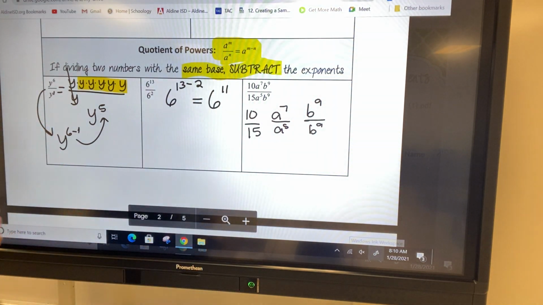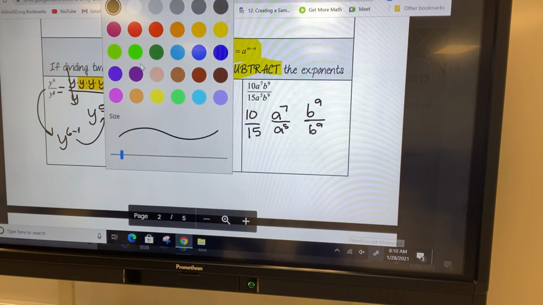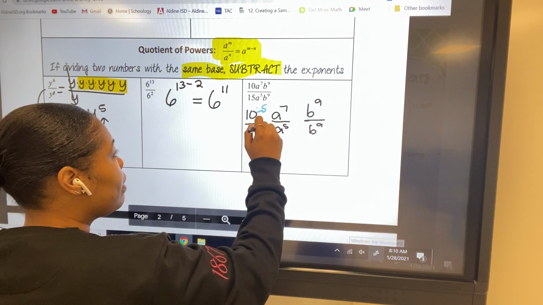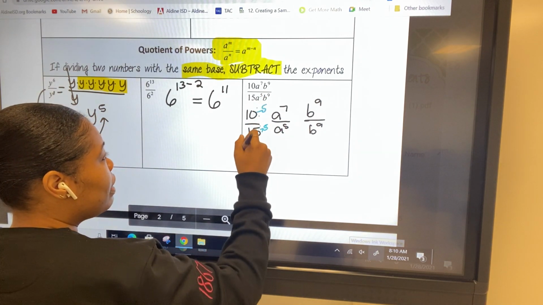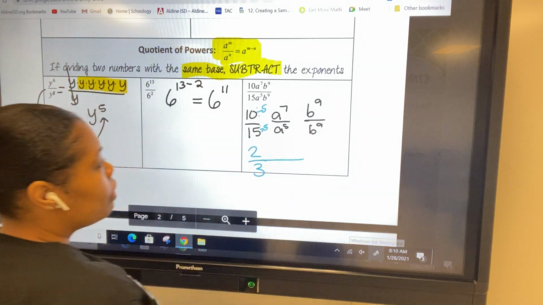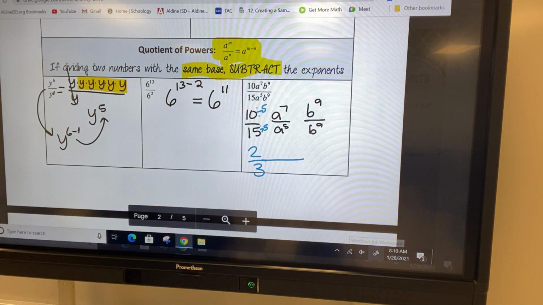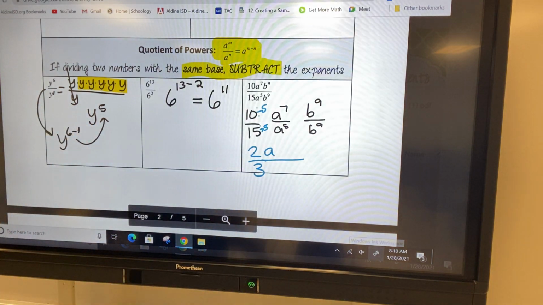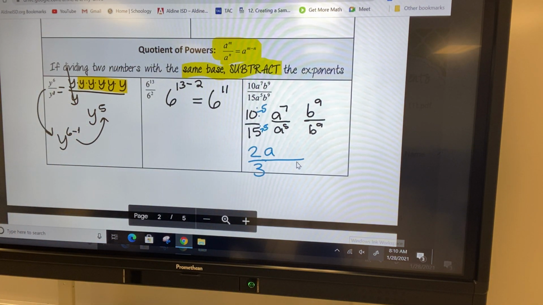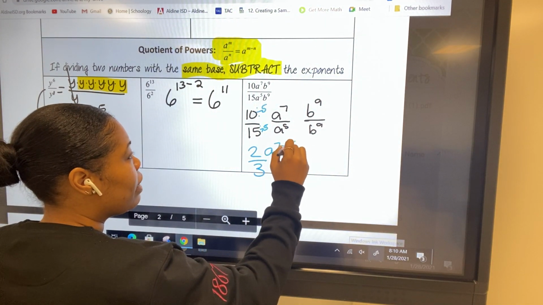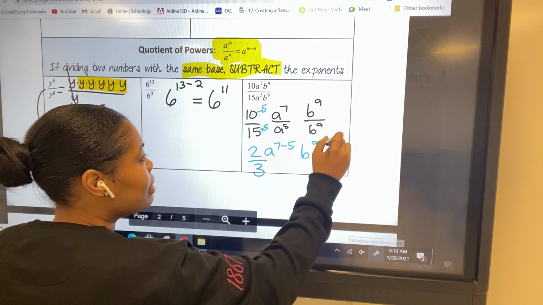So 10 over 15, it doesn't divide evenly, but we can simplify it. We can divide these by 5. And so that's going to give us 2 over 3. And then if we subtract our exponents here, we have 2 over 3, and then we're going to have a to the 7 minus 5, and then b to the 9 minus 9.